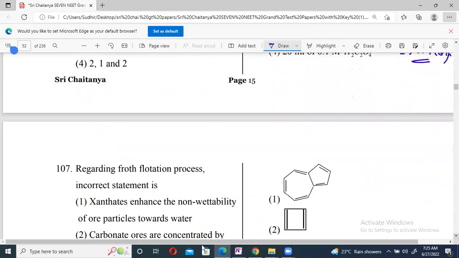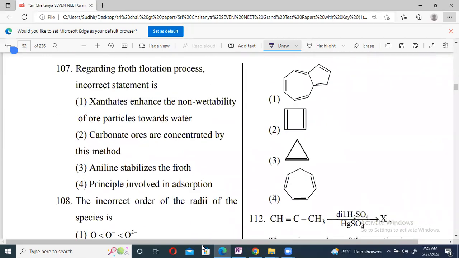Next, 107. Regarding flotation process, incorrect statement is, incorrect. You can see they are saying carbonate ores are concentrated by this method. Everybody knows that flotation means it is a sulfide ore. A sulfide ore can be concentrated with this method, but not the carbonate.